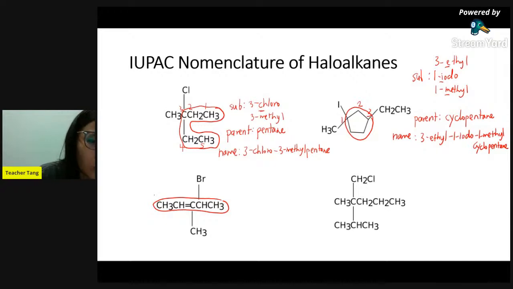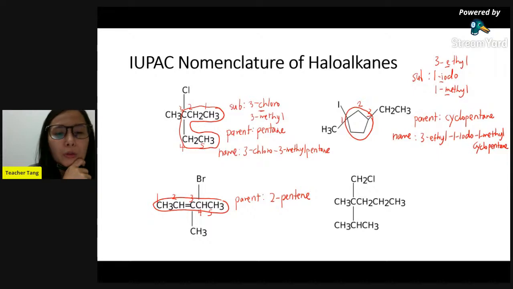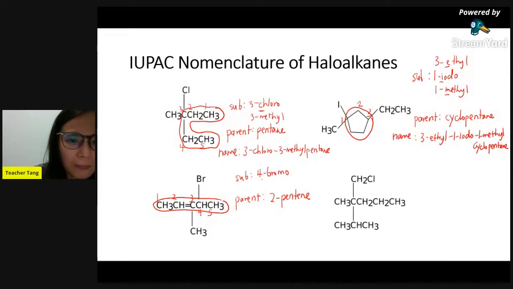Therefore, this is 1, this is 2, this is 3, this is 4, this is 5. This parent we call 2-pentene, because the carbon-carbon double bond is at carbon number 2 and number 3. For substituents, we have 4-bromo and 3-methyl. Therefore, this compound should be called 4-bromo-3-methylpentene.